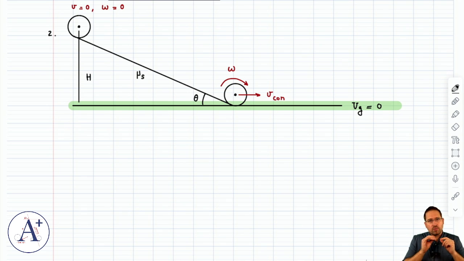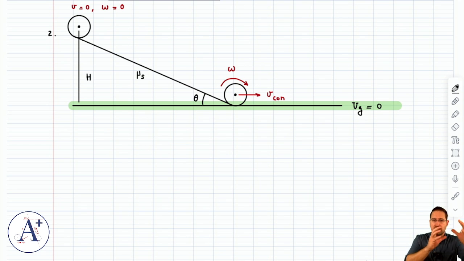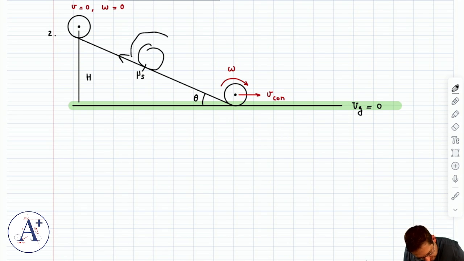And so what happens is that static friction is in fact the reason why you get omega. If you did not have static friction, you would only get V, right? It would slide down, but it wouldn't rotate. It'd be like a block. It'd be no different. But here you get omega because of static friction. Static friction makes sure, by pointing upward, that this thing rotates like this.